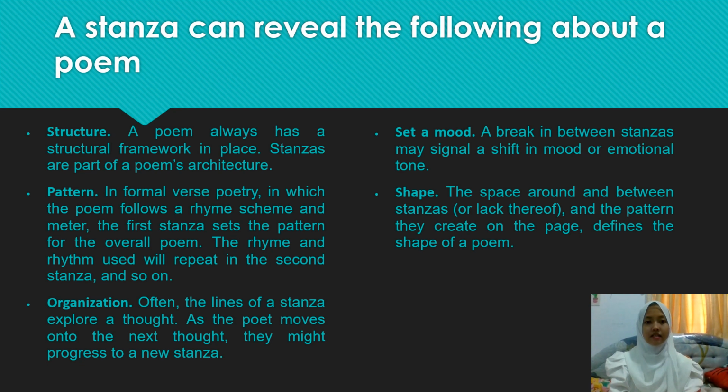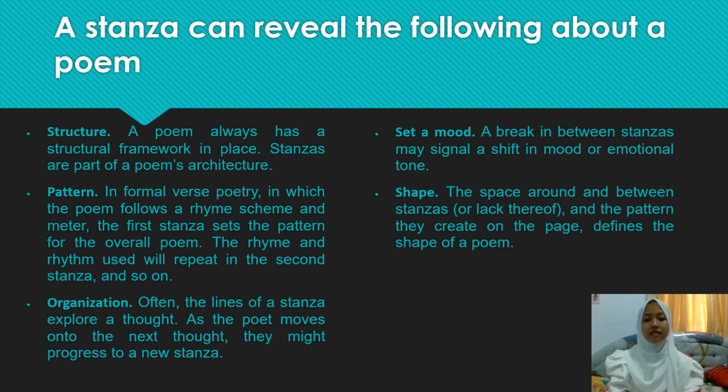A stanza can reveal the following about a poem. The first is structure. A poem always has a structural framework in place. Stanzas are part of a poem's architecture. The second is pattern. In formal verse poetry, the poem follows a rhyme scheme and meter.